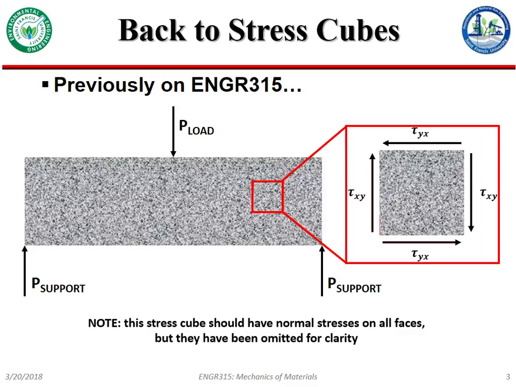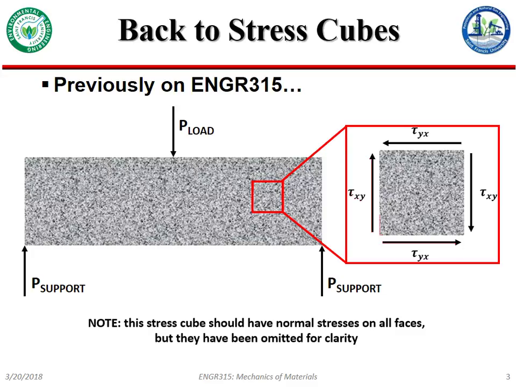And this is the same thing that we had before. You have some tau xy, some tau yx, some shear stress going on every face. We know that it has to be on every face because if you just had this guy and this guy, one on the right and one on the left, you'd have an unbalanced moment.